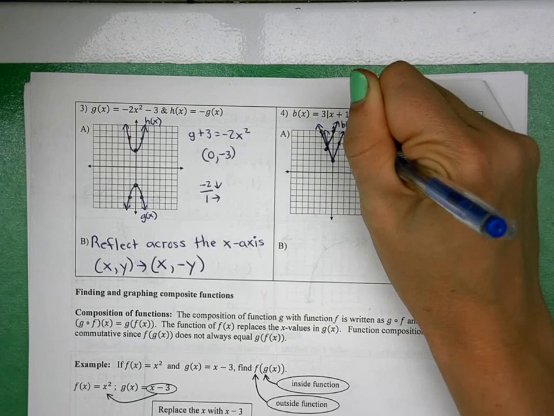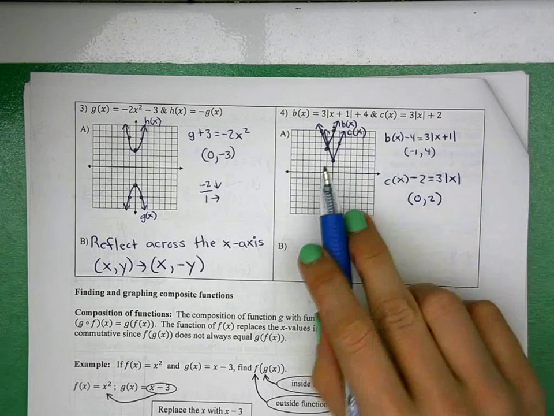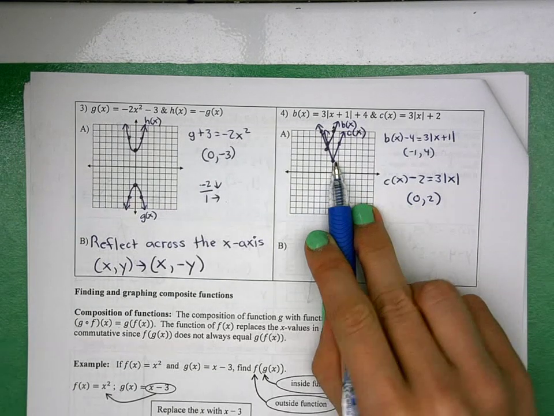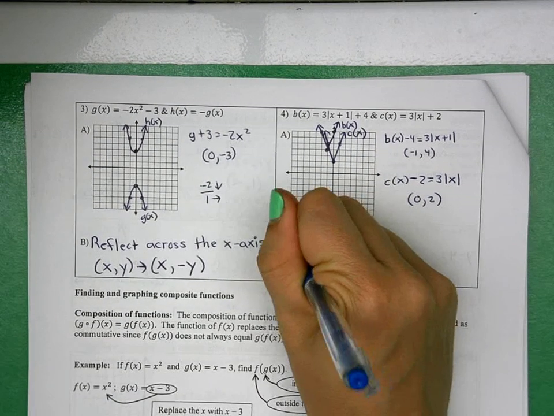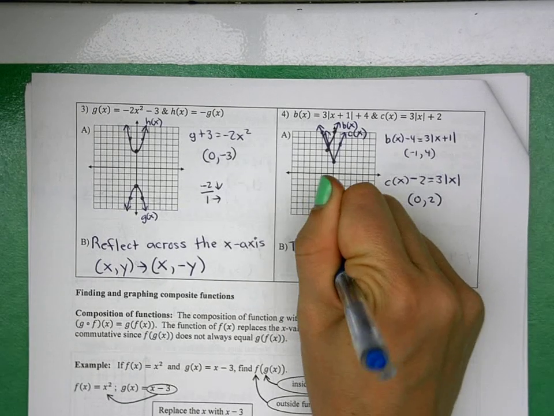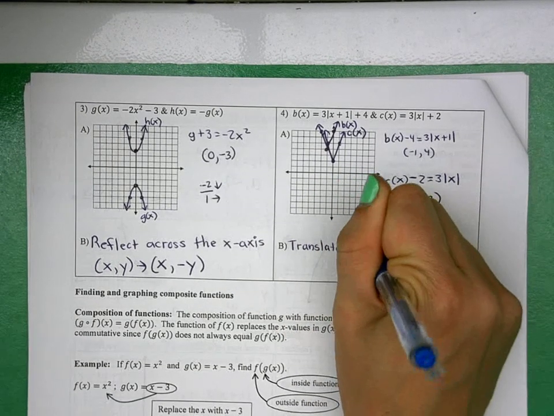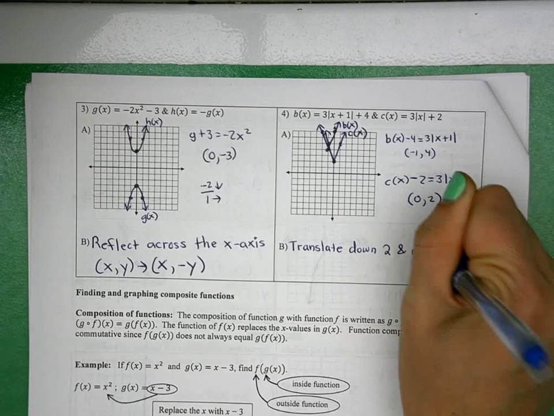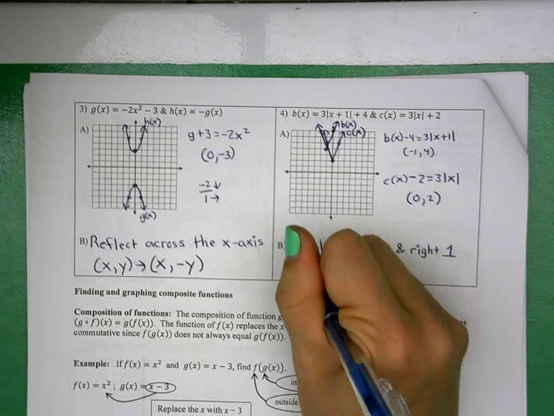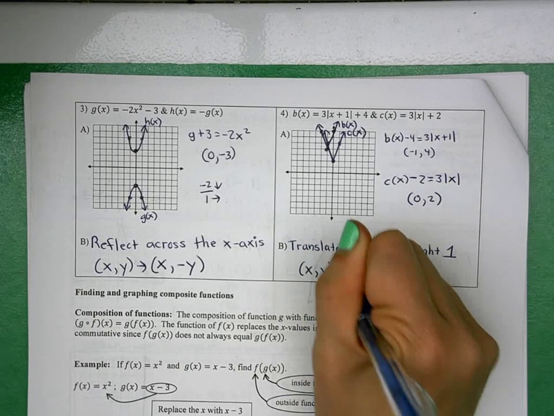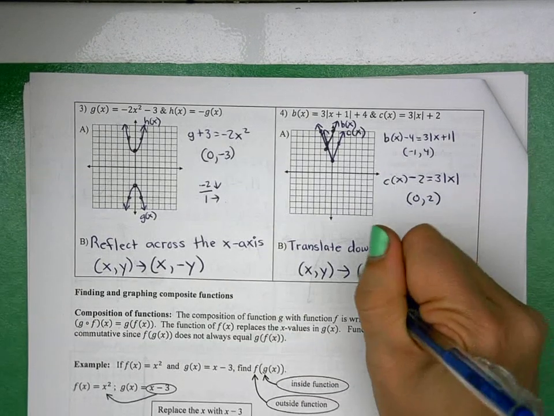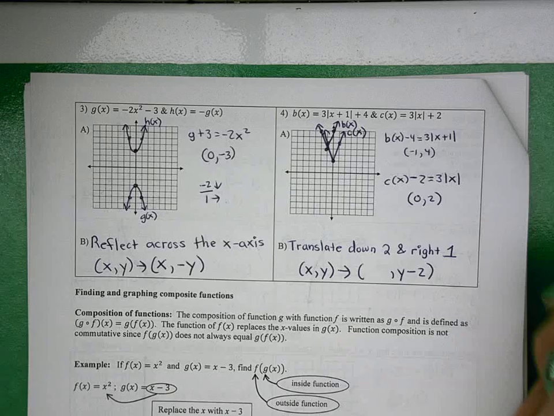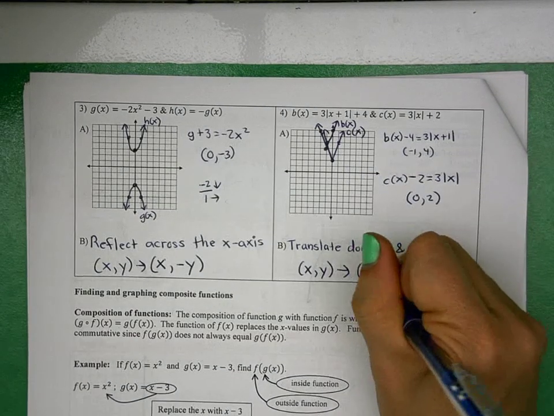And so what have I done here? Well, I've translated down 2 and right 1. Which is xy goes to, down 2 is a y manipulation, so minus 2 shows me down 2. Right 1 is an x manipulation, x plus shows me right.